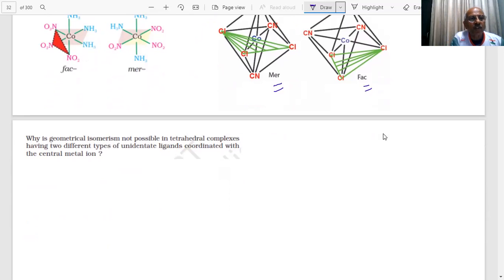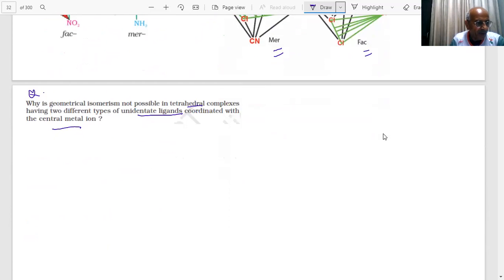Why is geometrical isomerism not possible in tetrahedral complexes having two different types of unidentate ligands coordinated with the central metal atom? What is our answer, students? Why do tetrahedral complexes not show geometrical isomers?